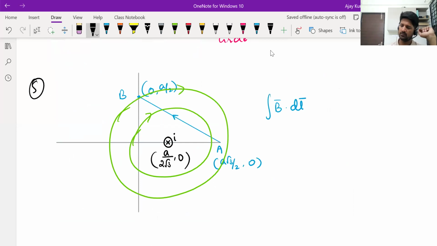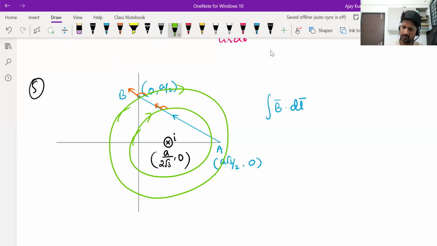Then can you solve it using integral B dot dl? If you visualize the magnetic fields produced by this current at different points, the dl vector will be making different angles with the magnetic field. It becomes too complicated even if you try to integrate.